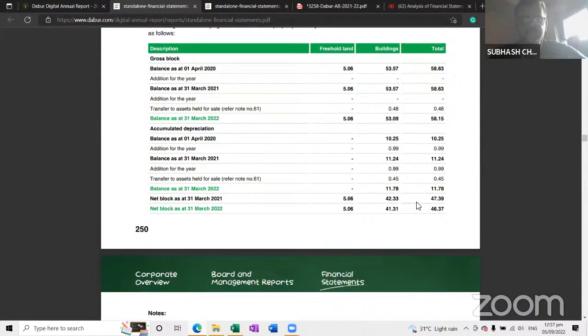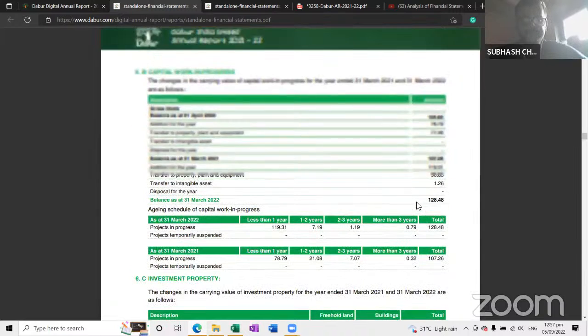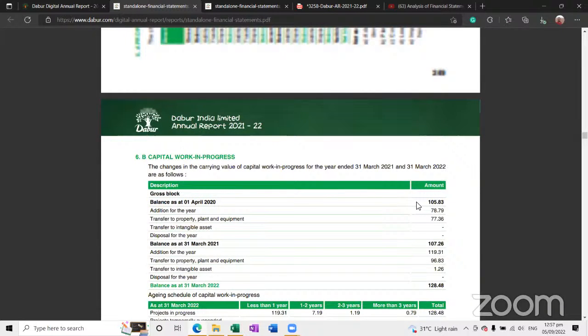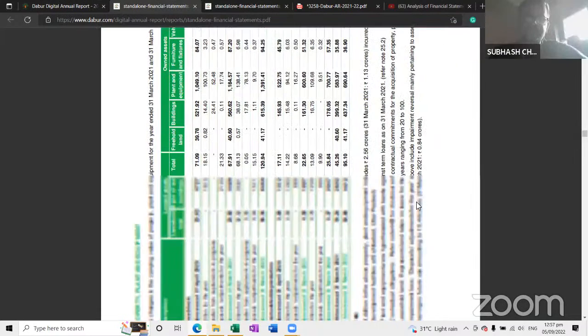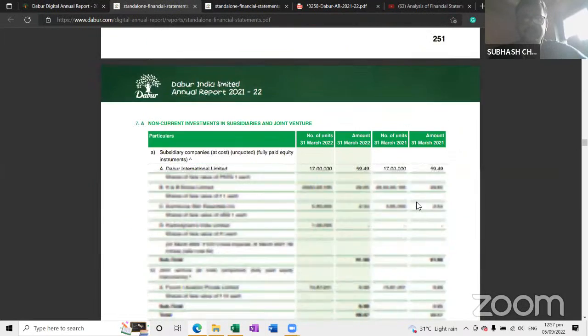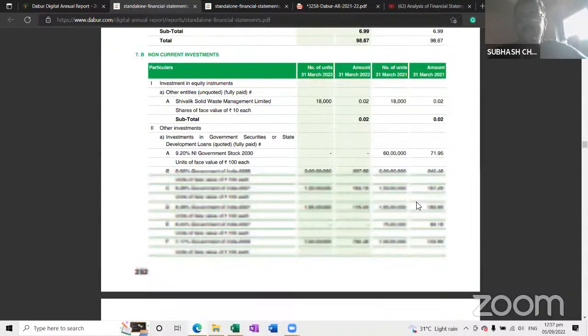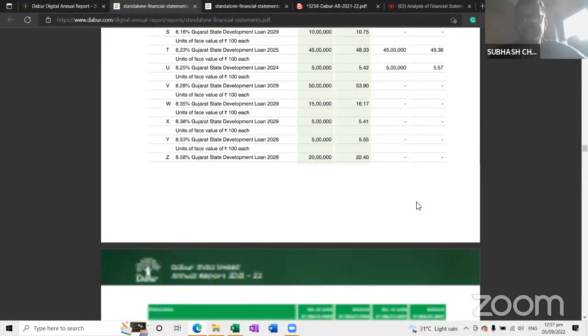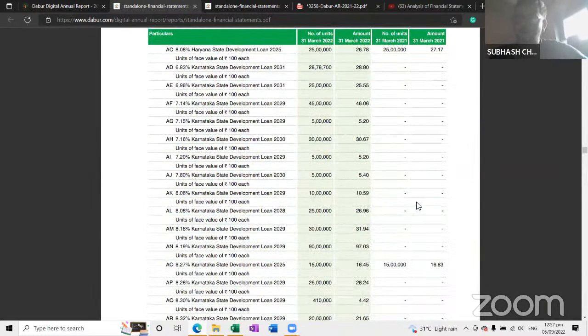Are you getting my points, everyone? Is it clear to you all? Yes, sir. So once I have explained everything, and we are done with all these things, then download this and find the ratios, whatever we did in the session. The objective is clear, and I can assure you, if you do this activity, you will be good enough in ratios and in the basic understanding of financial statements.